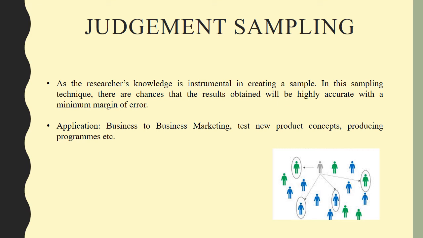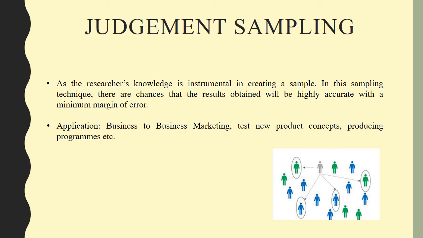You can select some of the people who can guide you on whether that particular product is good or not, and how you perceive that particular new product which we are trying to introduce into the market, right?